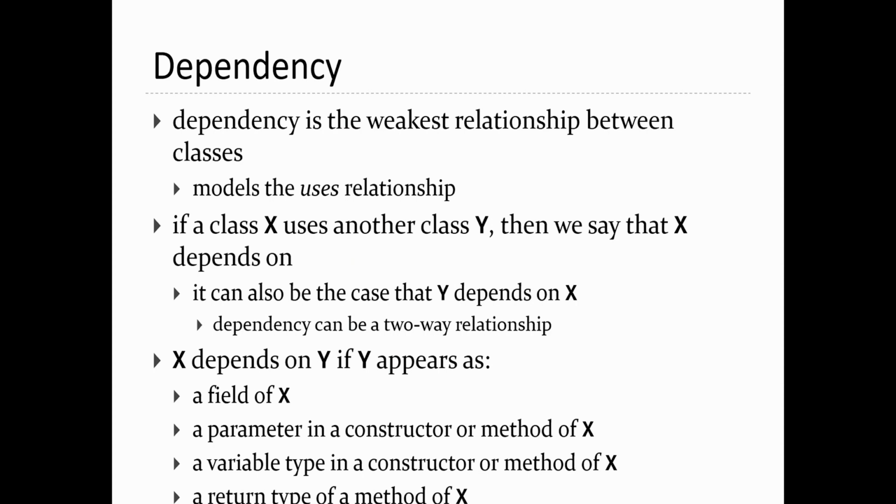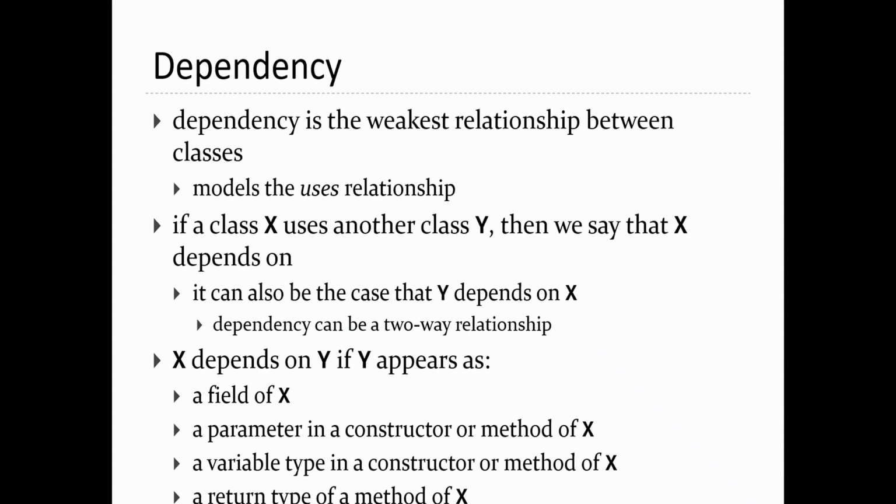Now it can also be the case that Y also depends on X. So dependency can be a two-way relationship. You have two classes, X and Y, and they depend on one another. That is a possible relationship between the two classes.